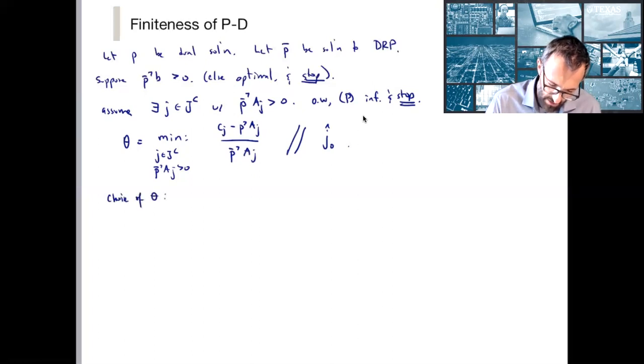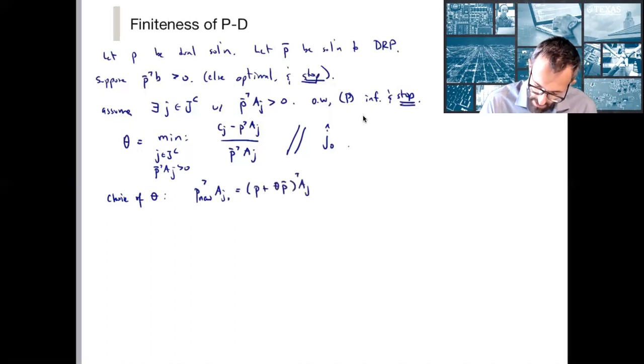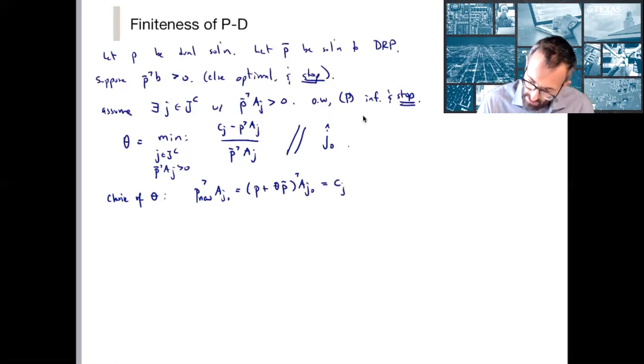Our choice of theta guarantees that P new times this j0 column, I guess I'm really writing down the details of what I had said in words in the previous slide, where P new is equal to P plus theta times P bar, times Aj0, is equal to cj0. So now we have a different column that is admissible. So I'm going to write this as j0 is an element of J new.